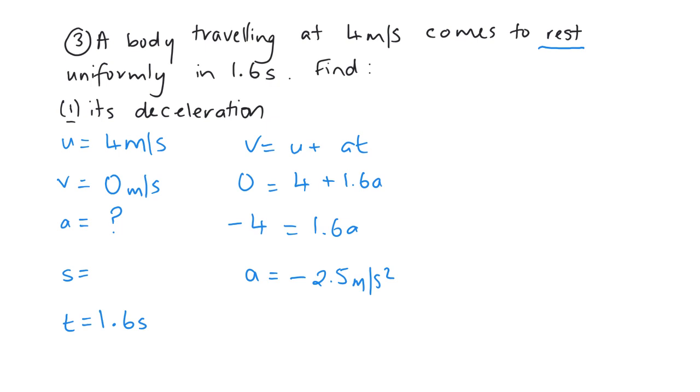The question asks you for the deceleration. So we say the deceleration is 2.5 meters per second squared. The D bit in it implies that it's negative acceleration. So if you have an acceleration of minus 2.5, your deceleration is 2.5 meters per second squared.